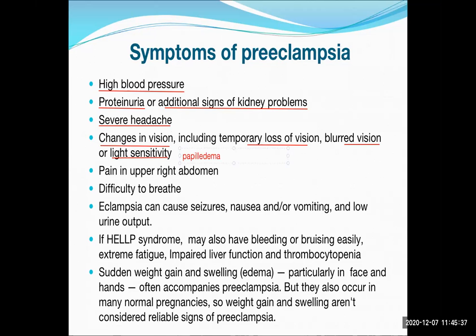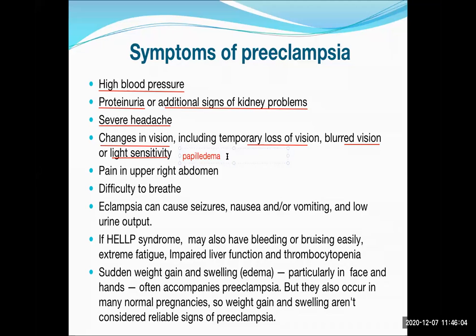What is papilledema? So let me explain this. I'm sure you have heard this term before. Papilledema is swelling of the optic nerve head, or optic disc. This is the swelling or edema of that part. It is strongly associated with raised intracranial pressure. The optic nerve is the second cranial nerve, and we consider this as a direct extension of the brain itself.